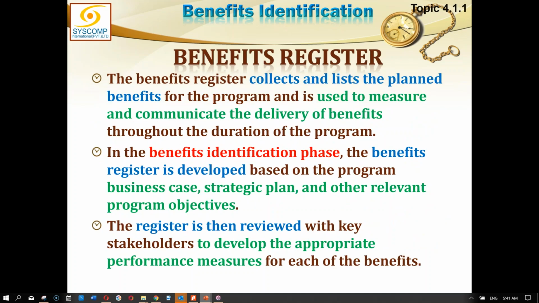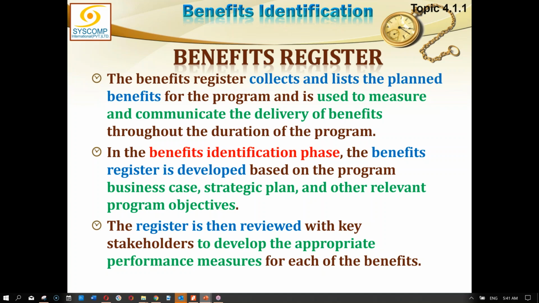There is a benefit register which we said that we are creating here due to the identification of the benefits, and all benefits and their attributes are being recorded inside. So benefit register collects and lists the planned benefits for the program and is used to measure and communicate the delivery of benefits throughout the duration of the program.